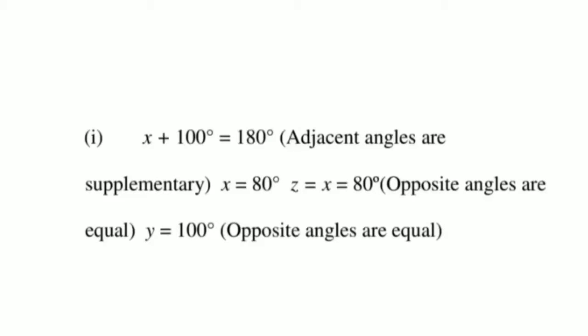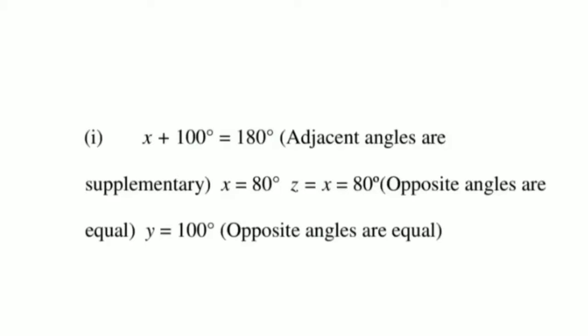So we can write here x plus 100 degrees is equal to 180 degrees. Why? Because adjacent angles are supplementary. So x is equal to 180 minus 100, it will come 80 degrees. So x is equal to z, both are 80 degrees. Why? Because opposite angles are equal. So x and z both are what?